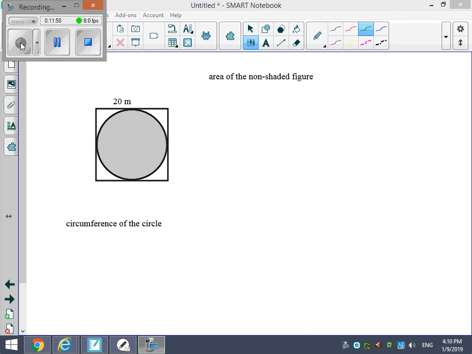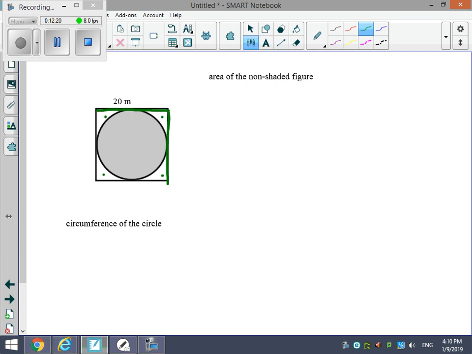This very last one is just for the grade 8s, because grade 7s won't be doing circles this year. So if I ask for the area of the non-shaded, I want these pieces right here, the white. We're going to have to do the area of both in order to get it. So the area of this square is interesting because it only gives us 20, and we can't be sure that it's a perfect square, but maybe we can.